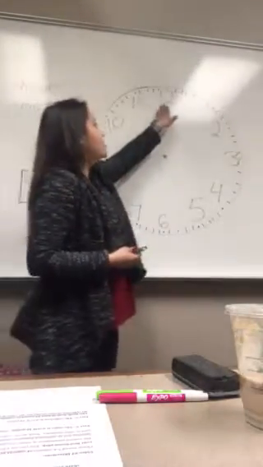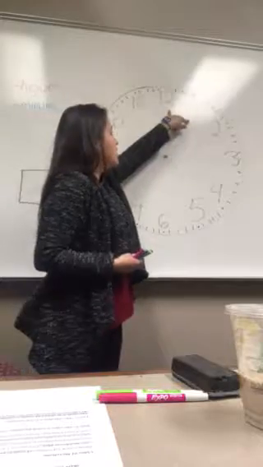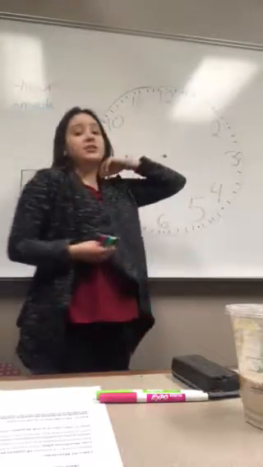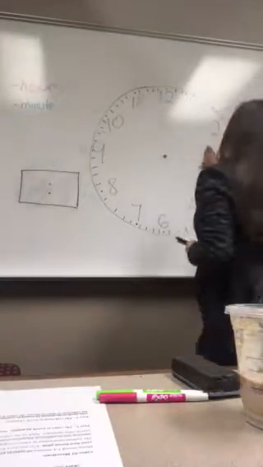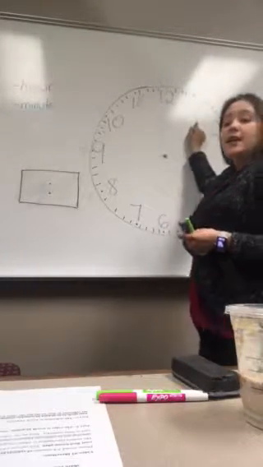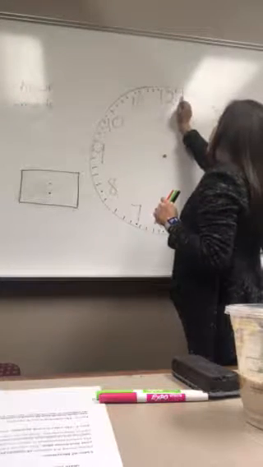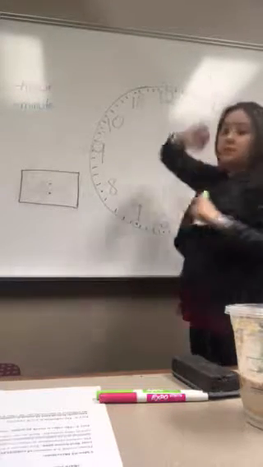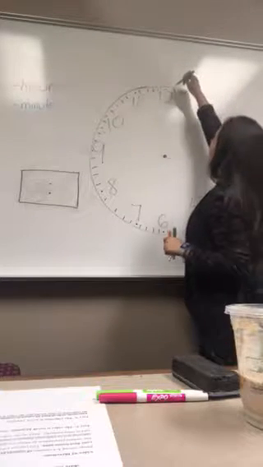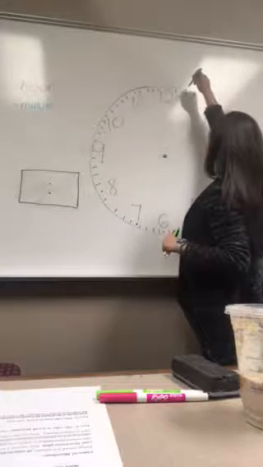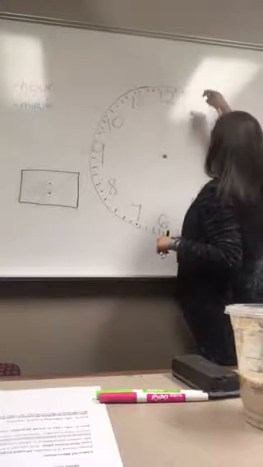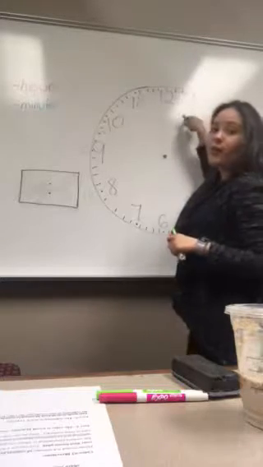So whenever there is a number, the large numbers, there are 5 in between. So each number represents 5. So when we're at the 1, it counts for 5 minutes because there are 5 little dots in between. So let's count. 1, 2, 3, 4, 5 at the 1.